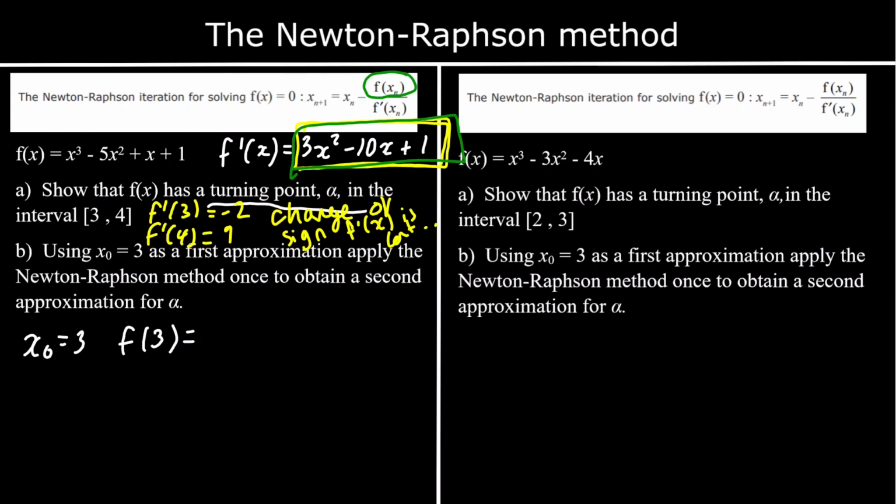F of 3 is negative 2. And our gradient function is going to be our gradient of the gradient, the second differential, so 6x minus 10. And if we put 3 into that, 6 3's, take away 10, is 8.